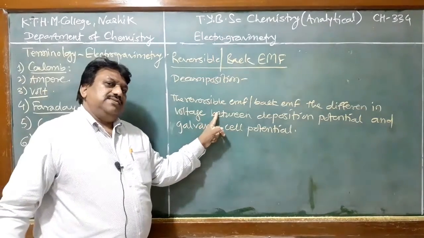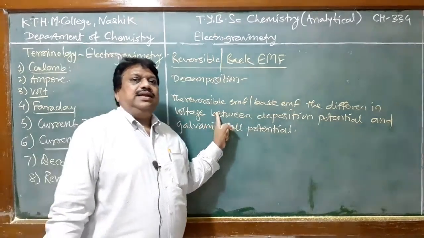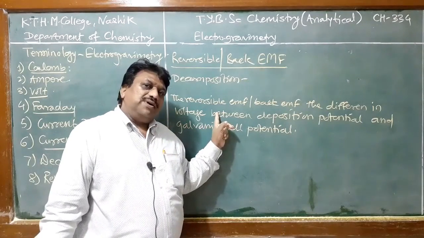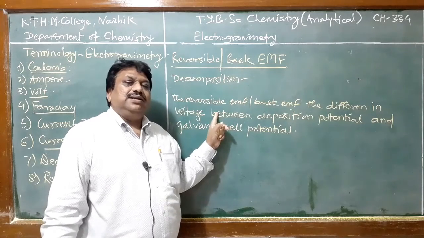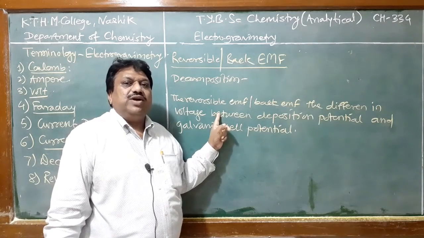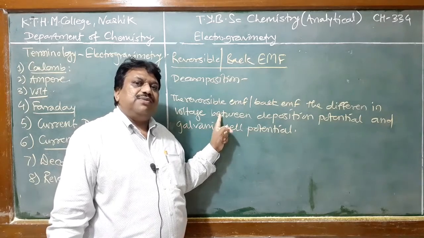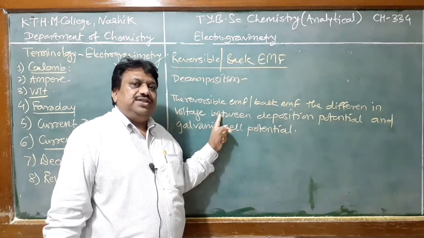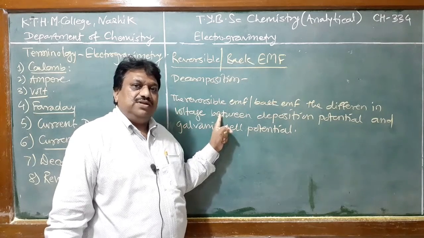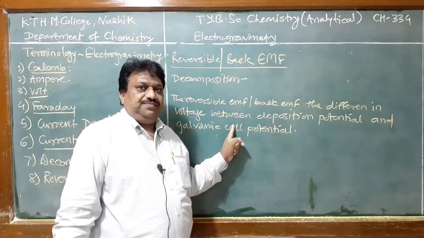Yesterday we discussed the example of the Daniell cell. In the Daniell cell, when the activities of copper ion and zinc ion are 1 molar, the potential difference is 1.1 volt. If we oppose this potential difference by applying externally 1.1 volt, then cell reactions stop, because that is a potential equal to the galvanic cell potential.